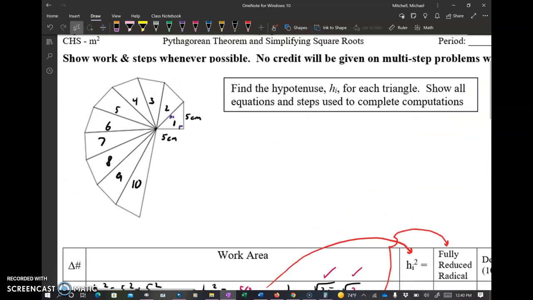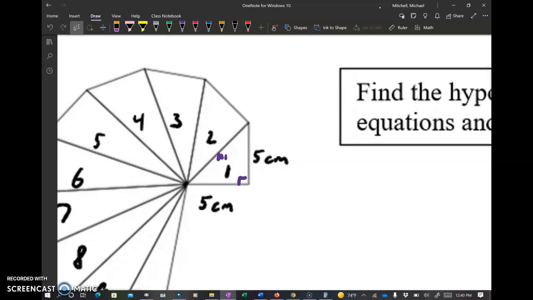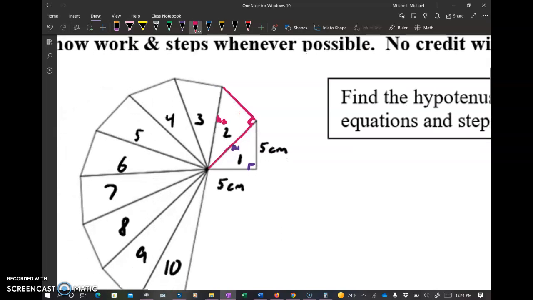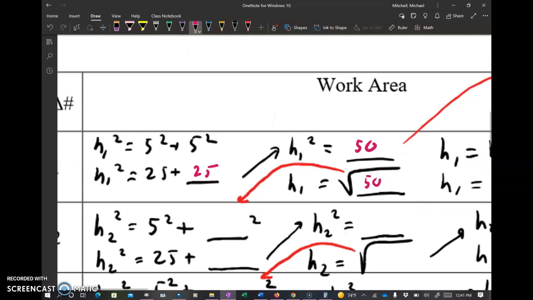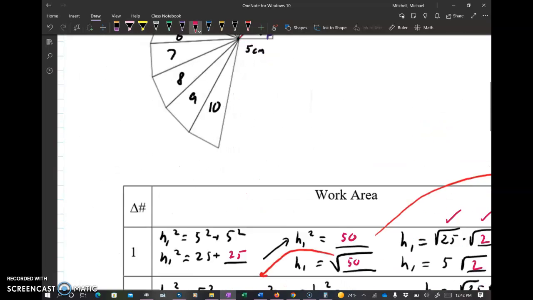Now, when we go to our second triangle up here, notice in our second triangle, that's H2, our second hypotenuse, but this side, H1, is actually one of the legs in that triangle. So when we go to calculate this next one, we've got the 5 squared for the outer leg. This is 5.